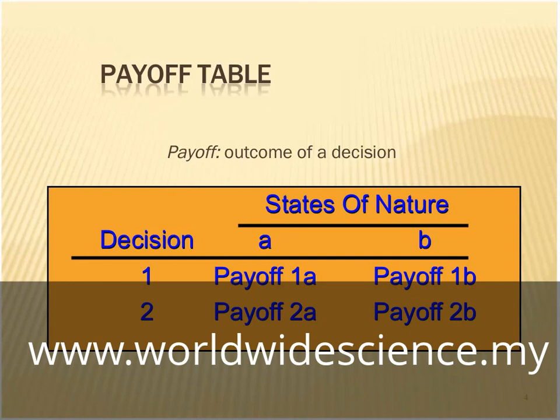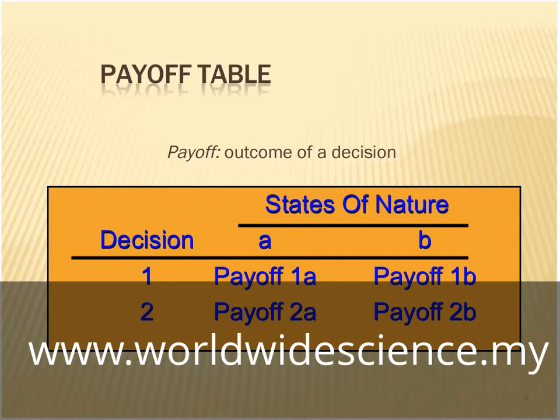For example, if the state of nature is B and I select decision 1, in the condition of state of nature B, it will have, for example, 10,000 US dollars profit for the company.